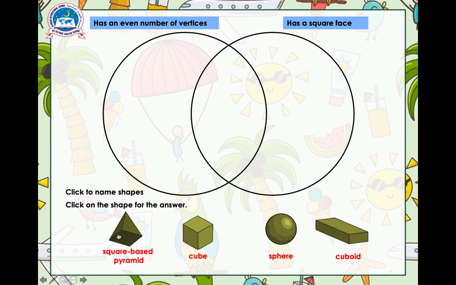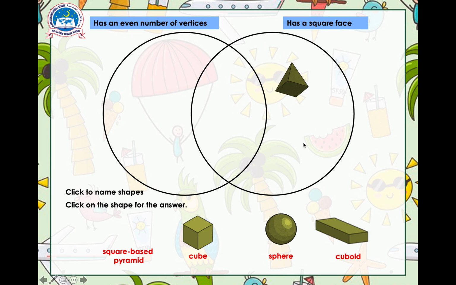Does this shape over here have a square face? Yes, it does. And does it have an even number of vertices? We can count the number of vertices to check. 1, 2, 3, 4, 5. So no, it does not.